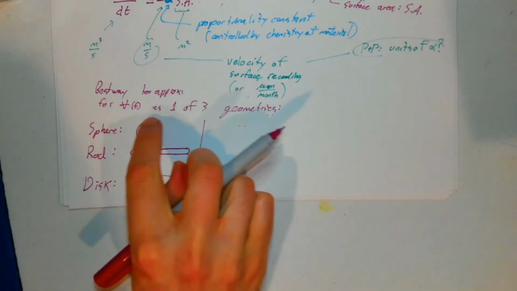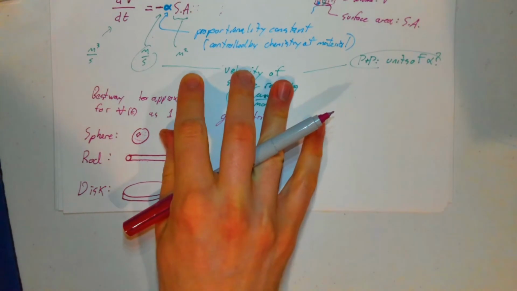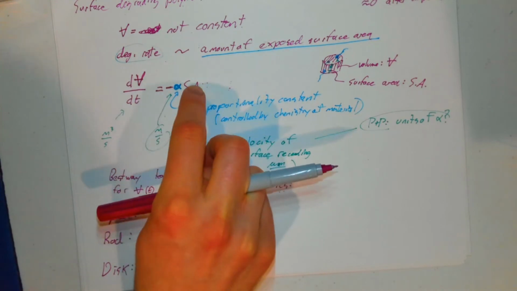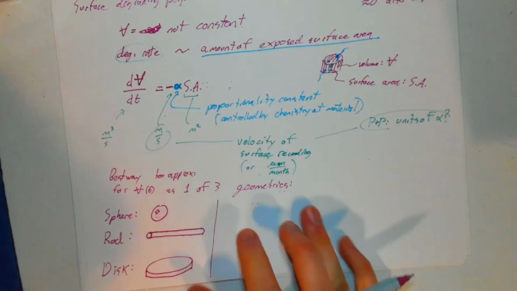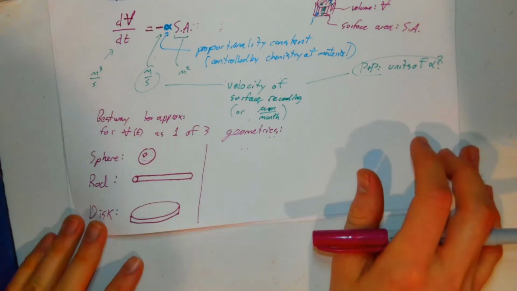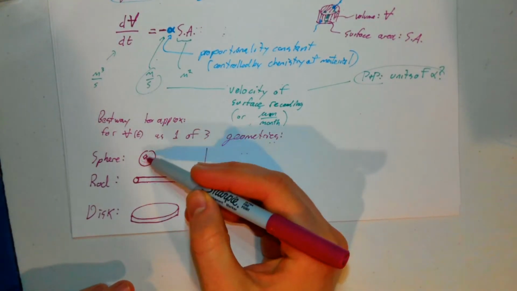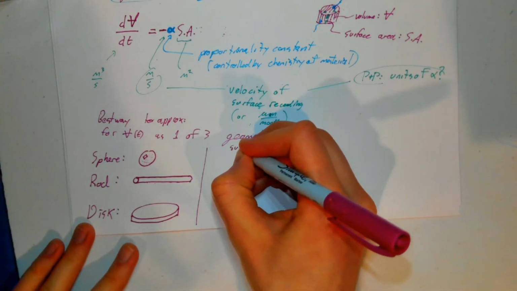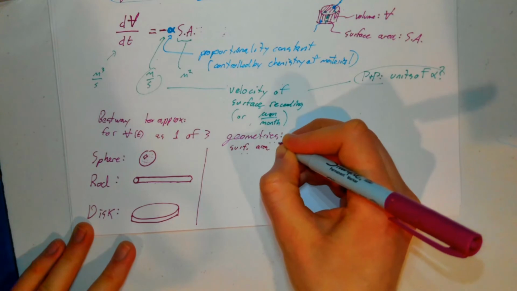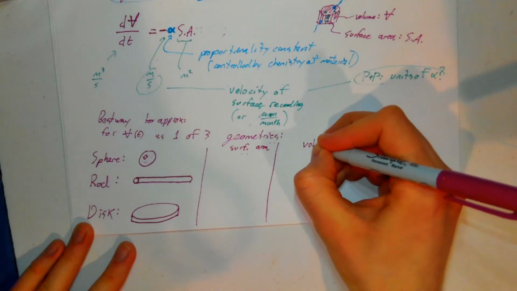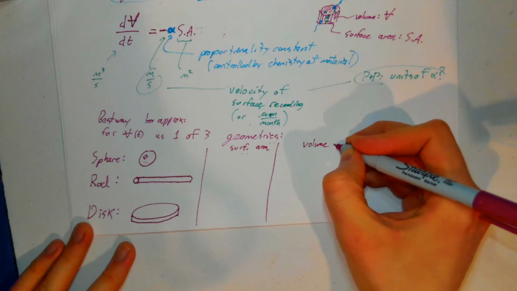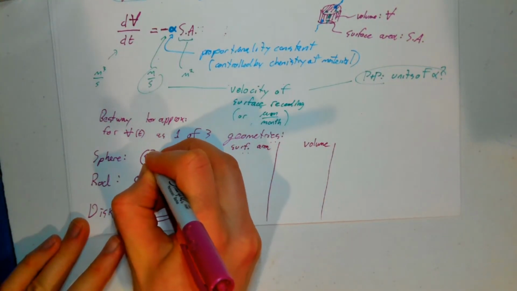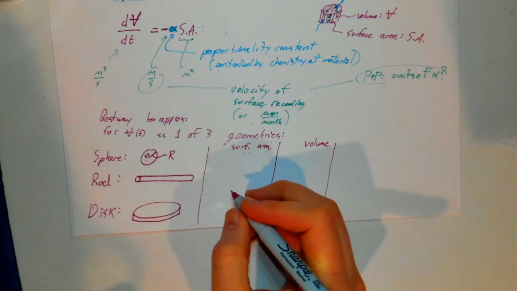So if we want to think about these three geometries and work towards characterizing the relationship between their surface area, their volume, and some form of this differential equation where we can work them out as a function of time, let's work out what their surface areas and volumes are. So, surface area and volume. If I wanted to characterize a sphere, I could do so with its radius r.